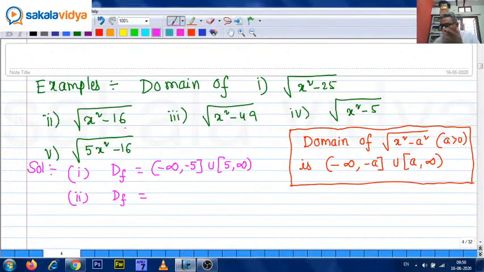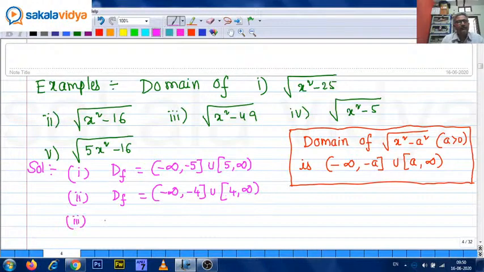Here critical points are minus 4 comma 4. Very good. Minus infinity to minus 4 union 4 to infinity. Third one, domain of f, that is actually minus 7, 7. So minus infinity comma minus 7 union 7 to infinity.